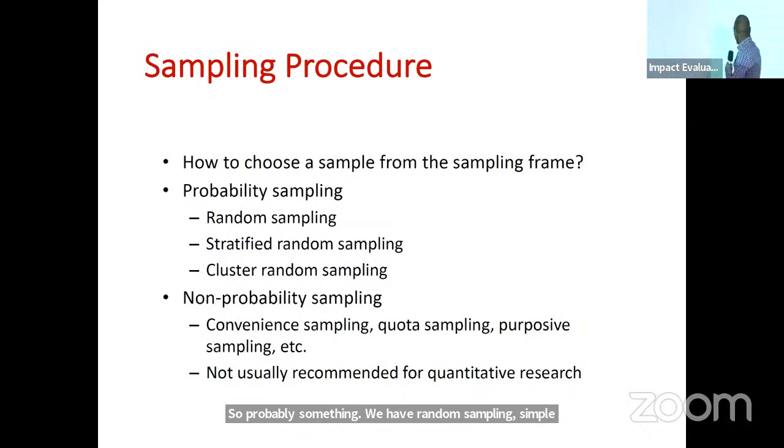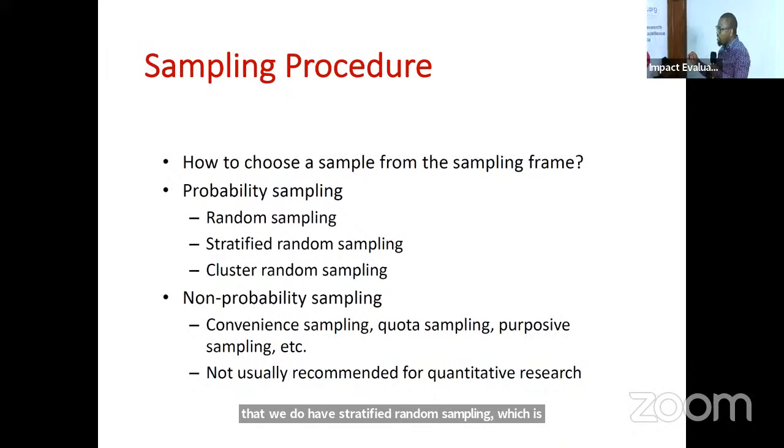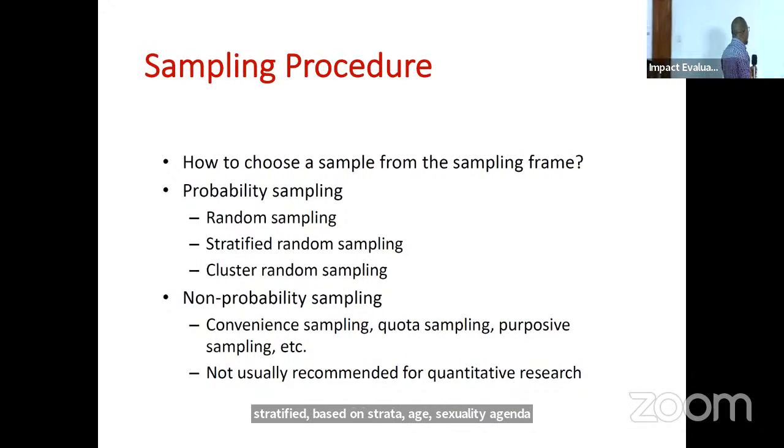We have stratified random sampling, which is based on strata such as age, gender, and so on. And then we have cluster random sampling, which samples based on clusters of blocks, region, district, whatever.